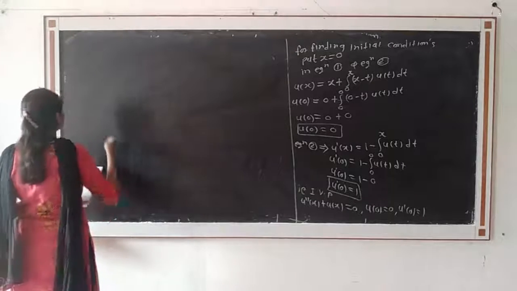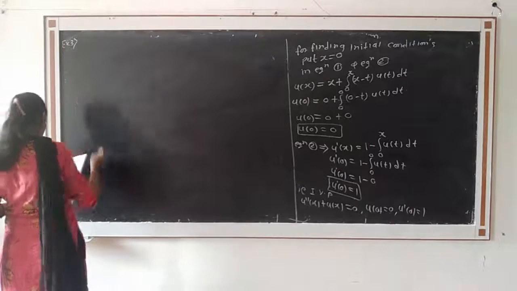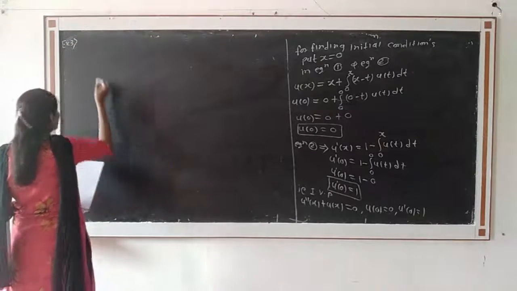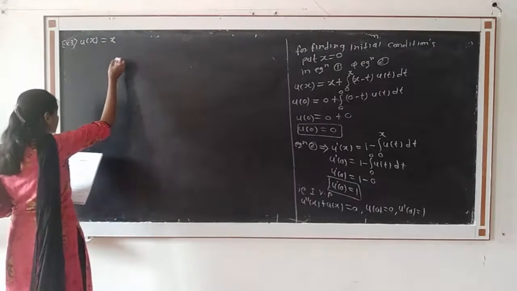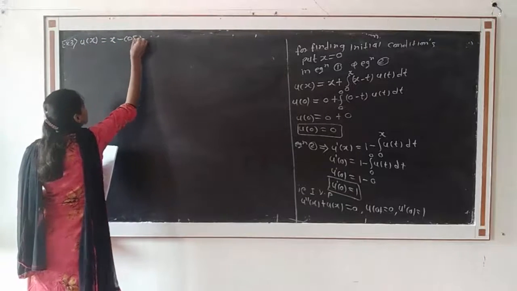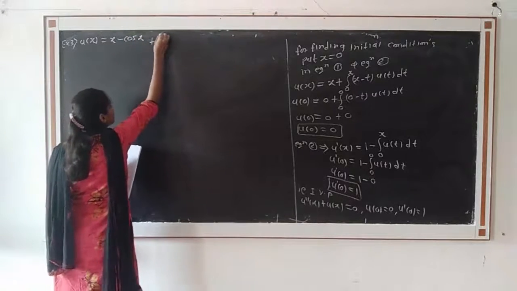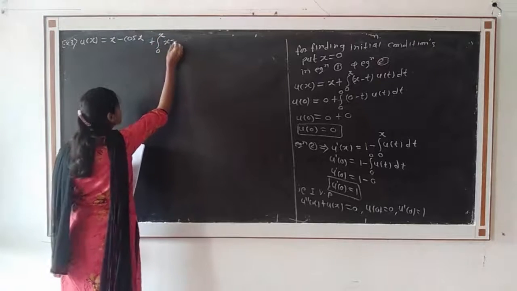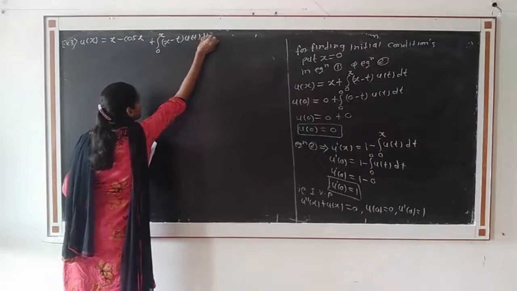Next example is example number 3. u of x is equal to x minus cos x plus integration from 0 to x of (x minus t) into u of t dt.